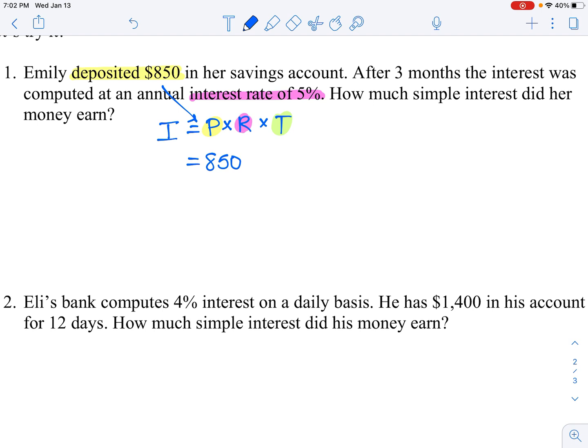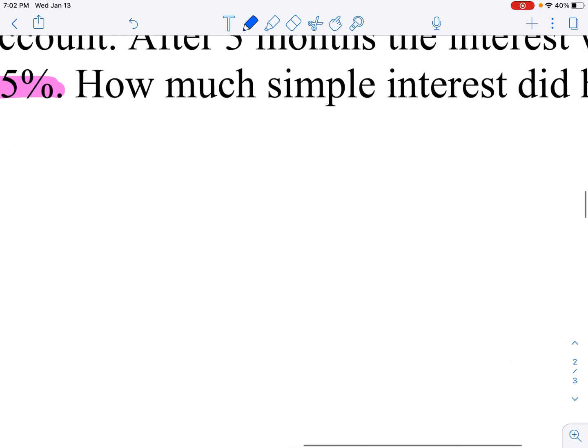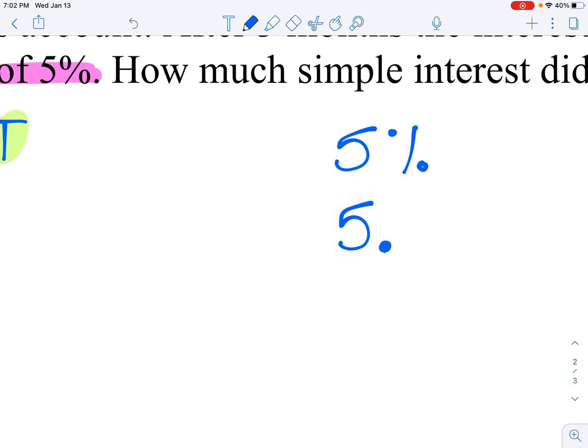But can we leave this as a percent? No. We need to take that percent and we need to move the decimal place 2 places to the left. So remember what I said before, I don't see any decimal point, but you can put one at the very end. You can kind of create your own. It always goes at the end, and now move it.